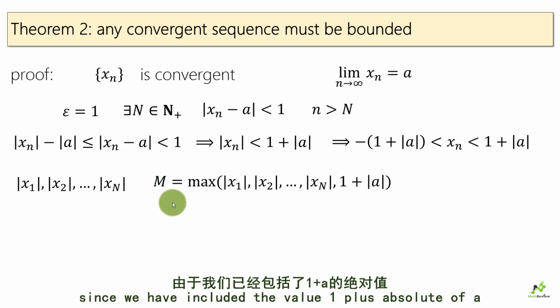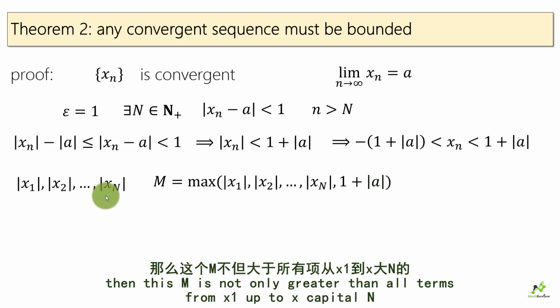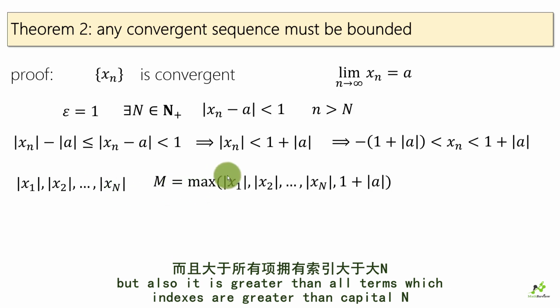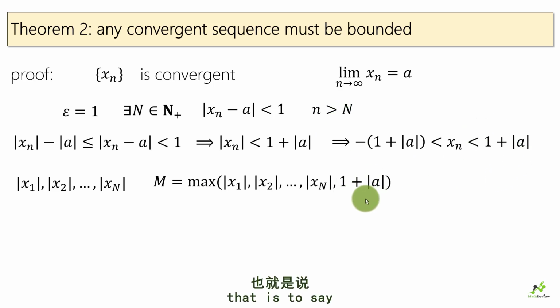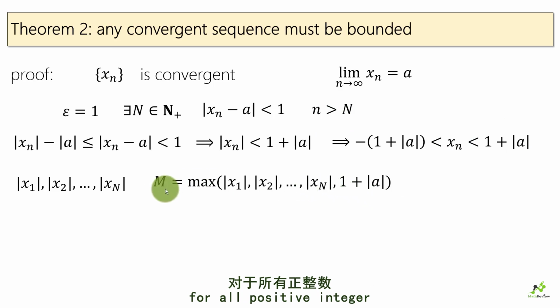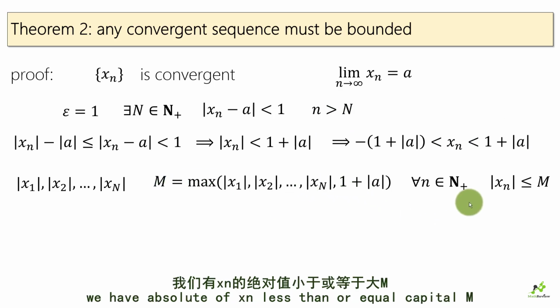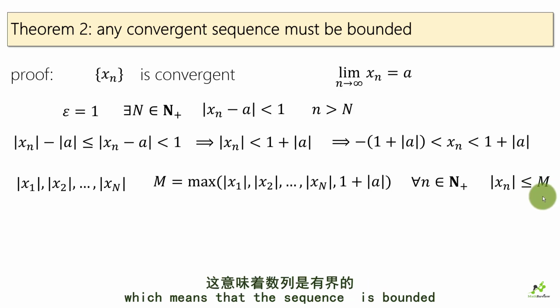Since we have included the value 1 plus absolute of a, then this M is not only greater than all terms from x1 up to xN, but also it is greater than all terms whose indexes are greater than N. That is to say, for all positive integers n, we have absolute of xn less than or equal to M, which means that the sequence xn is bounded.